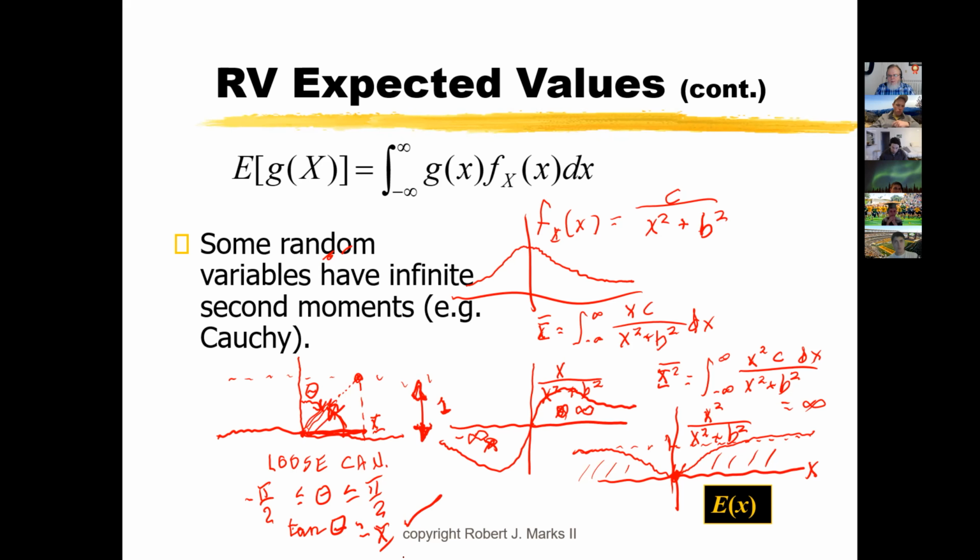This is a homework problem which I gave you. If theta is uniform between minus pi over 2 and pi over 2, then what is the distribution of X? And you will show that the distribution of X where the cannonball hits the wall is equal to a Cauchy. So you can see, at least in problems like this, that you do have Cauchy random variables.